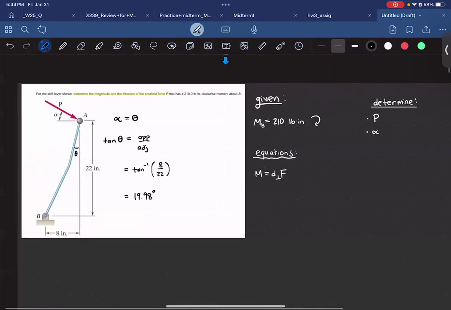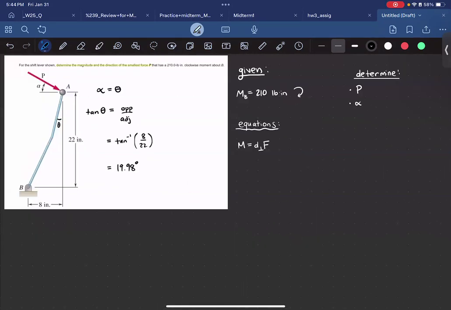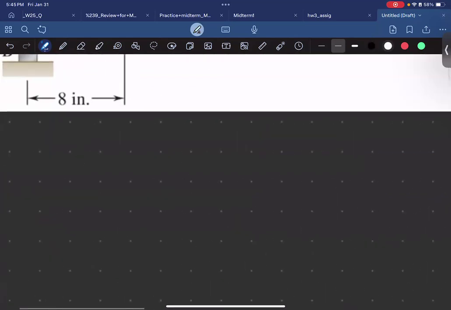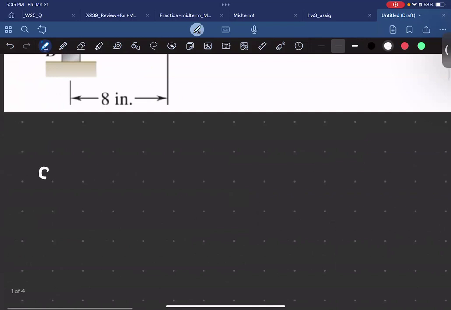And now that we have that angle, we can use that to find the minimum P. Our distance D that is perpendicular is going to be the hypotenuse of this triangle that we've created. If you remember from Pythagorean theorem, a squared plus b squared is equal to c squared.